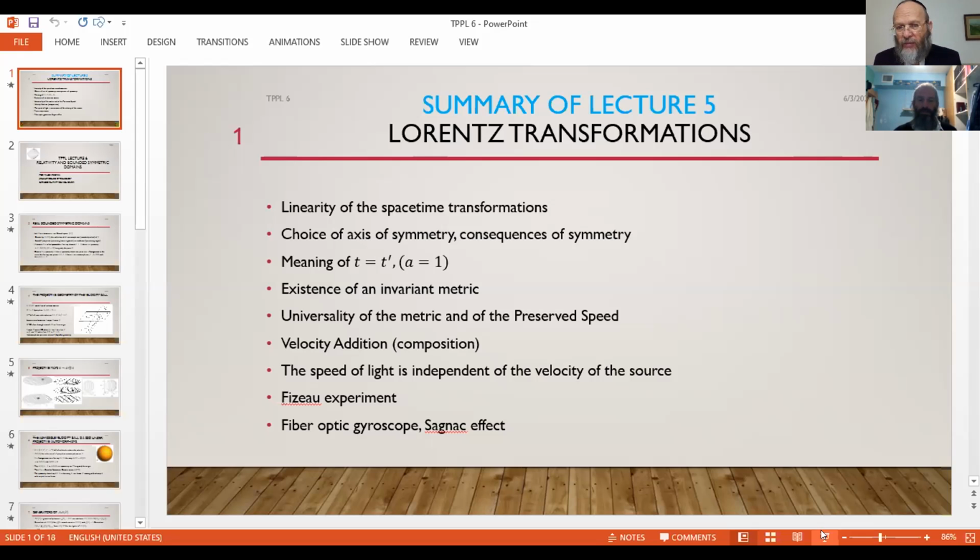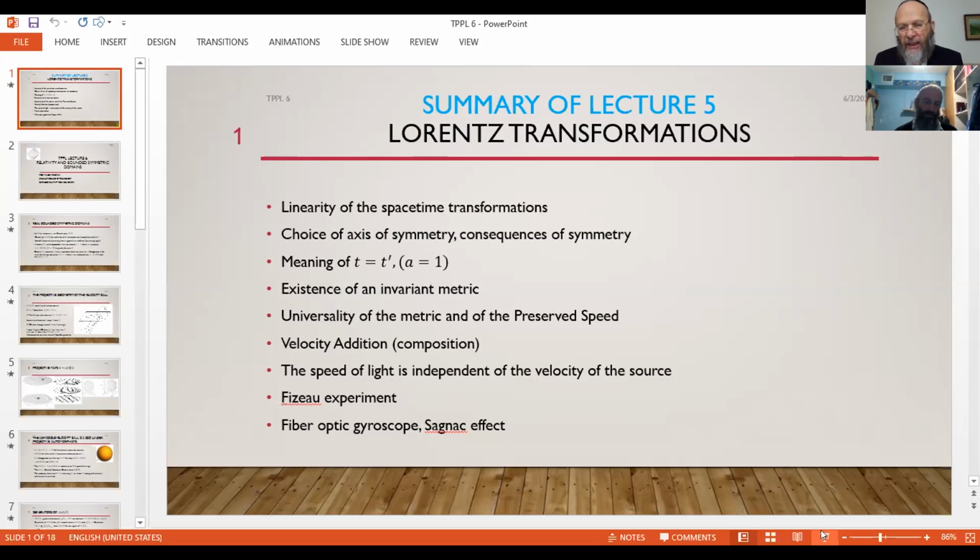It's not surprising that both things we found were related to velocities close to the speed of light. Therefore, there we could see the difference between the classical one, which is based on Galilean, and the Lorentz transformation. We have also found an application for one important device, the fiber optic gyroscope, which is very important to define the rotation with respect to an inertial system, and is based on the Sagnac effect.